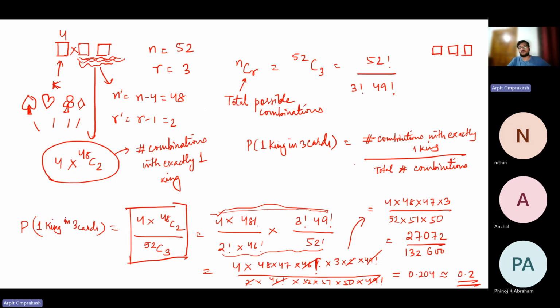Then you just have two numbers from which you take the fraction. So that will make it easier. In this case, I'm doing it mostly by hand, so I'm trying to simplify it and then do it. But you can also just directly input everything in a calculator.